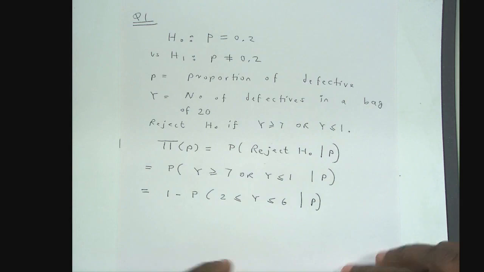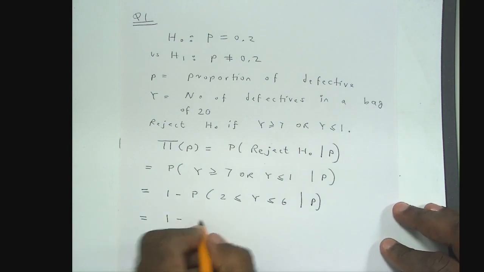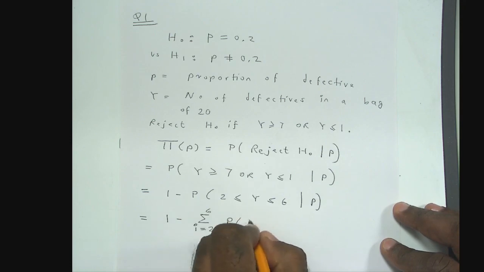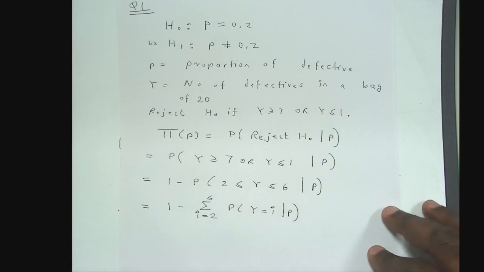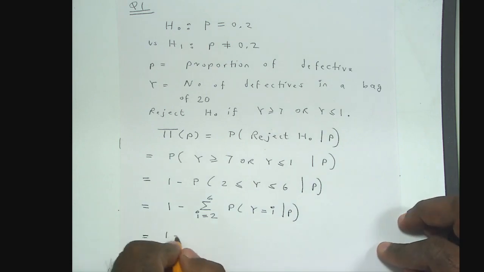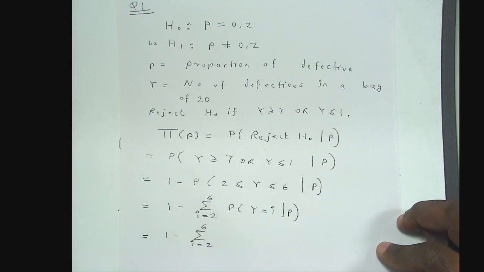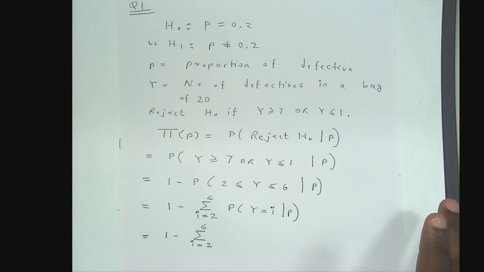Now if Y is between 2 and 6, then it can take the values 2, 3, 4, 5 and 6, right? So we can write this as the sum of the probabilities Y equal to i from 2 to 6. Now remember, Y is the number of defectives in a bag containing 20 items.